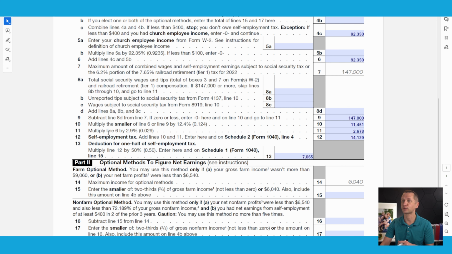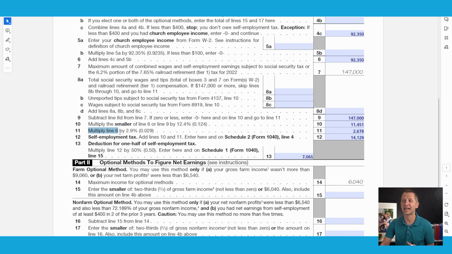So if we go down now to line 10, then we can see that we have to multiply the smaller of line 6 or line 9 by 12.4%. 12.4% is both sides of our Social Security tax. So 6.2% plus 6.2% equals 12.4%. If we multiply this out, we get 11,451.